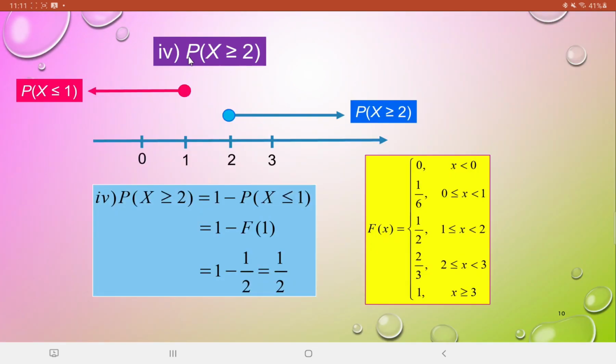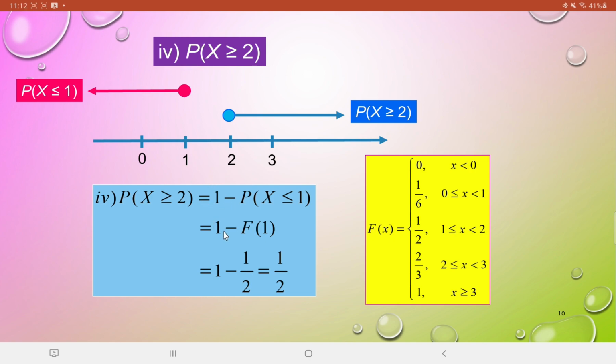Probability x more than or equal to 2 means that we need x more than or equal to 2. And we need to discard x less than or equal to 1. So, to get probability x more than or equal to 2, we need to subtract probability x less than or equal to 1 from the total probability 1.